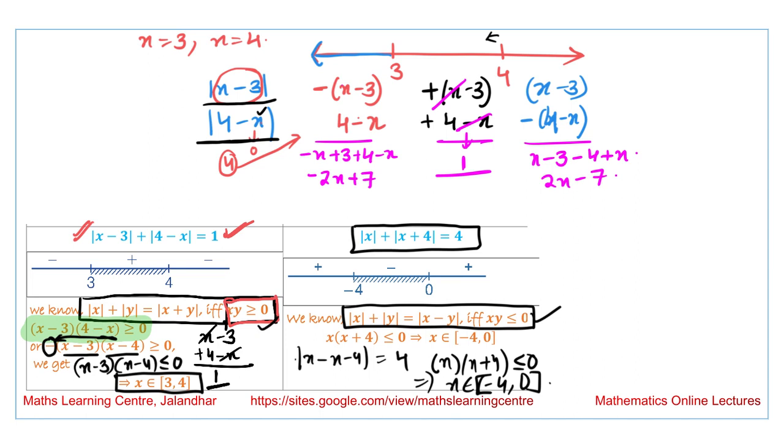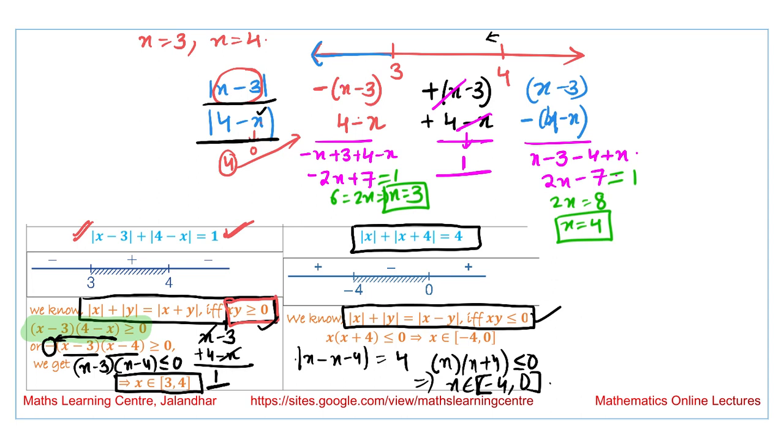If we equate minus 2x plus 7 equal to 1, we get 6 is equal to 2x. So x is equal to 3. In this last case, if we equate it equal to 1, we get 2x is equal to 8, so x is equal to 4.